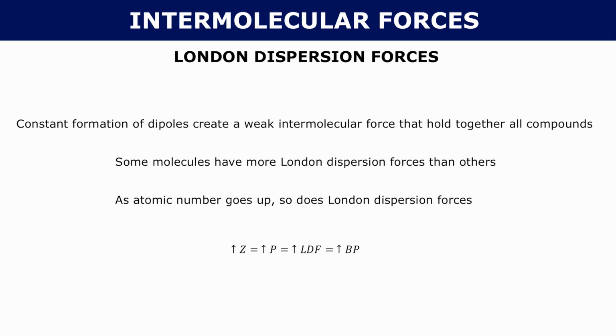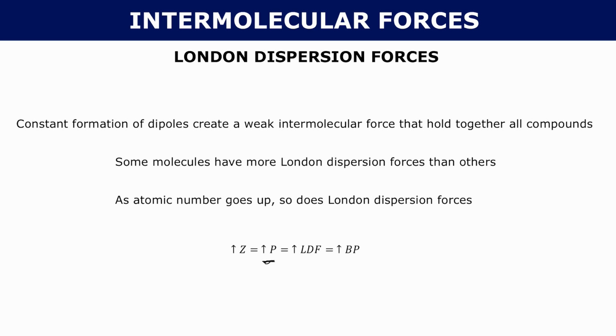When that happens, you have a higher likelihood of a dipole forming. And when you increase your likelihood of a dipole forming, we say that increases polarizability. That's that P here. And as you increase your chance of dipoles forming, as you increase polarizability, so do you also increase your London dispersion forces. So bigger compounds with more electrons are going to have more London dispersion forces than smaller compounds.